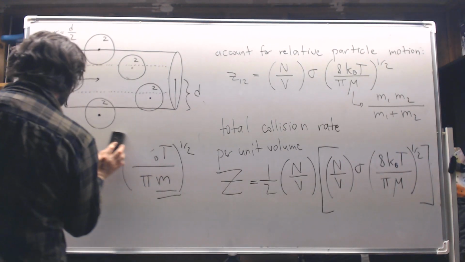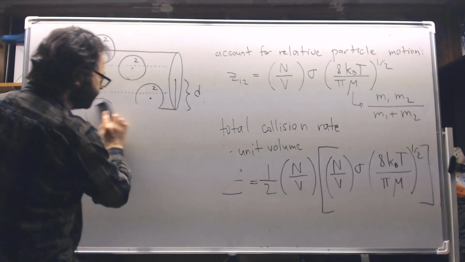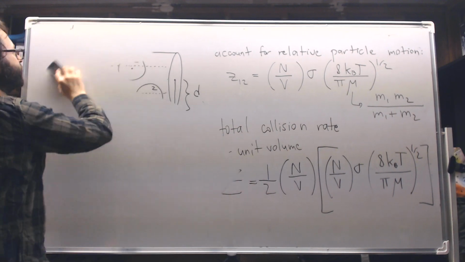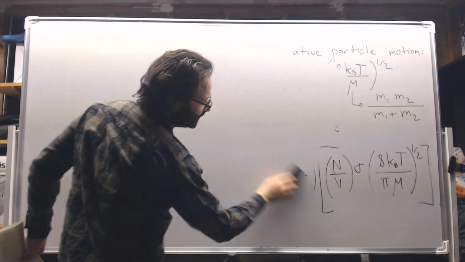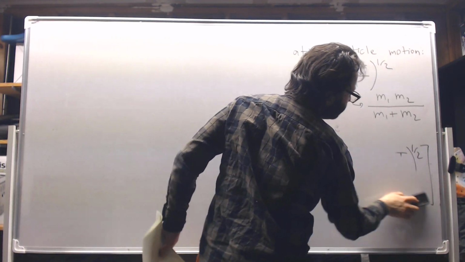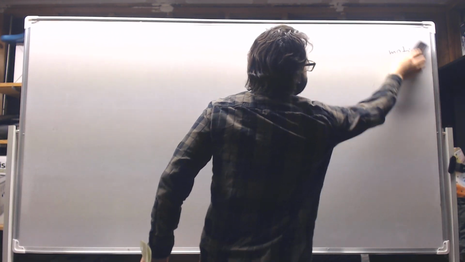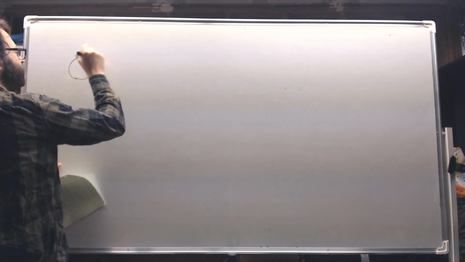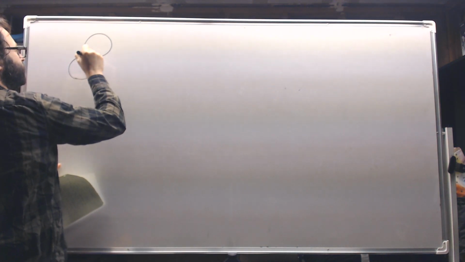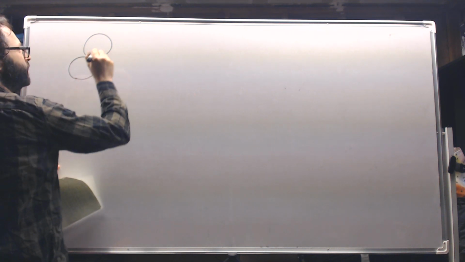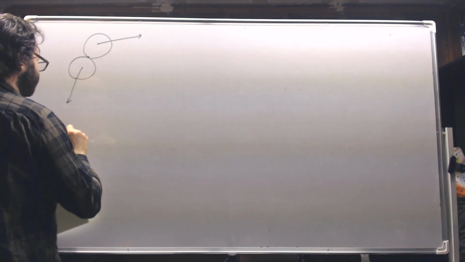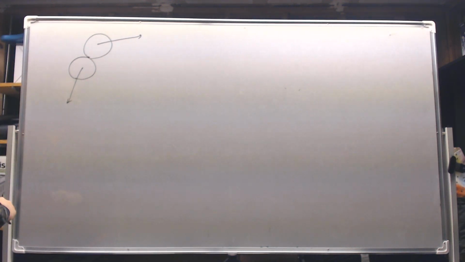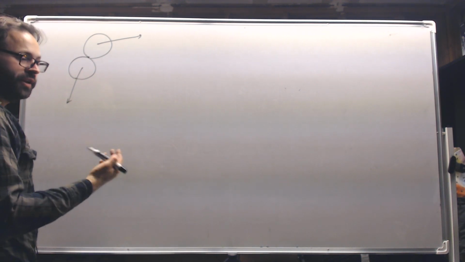Now, there's a very useful quantity that is derived from the collision rate, and that is the collision time, or the time between collisions. What do we mean by this? We mean that as molecules collide at some point in time, they will bounce off of each other, and then they will continue traveling before they collide again.